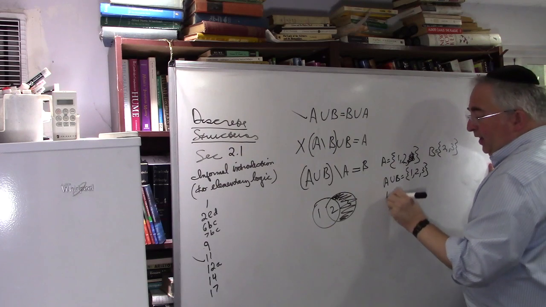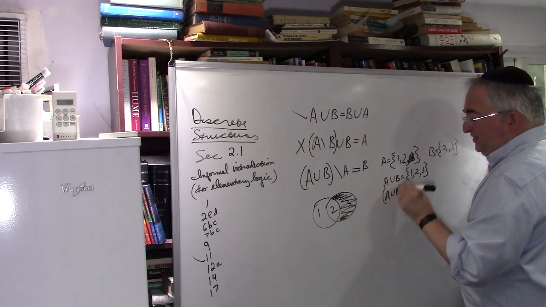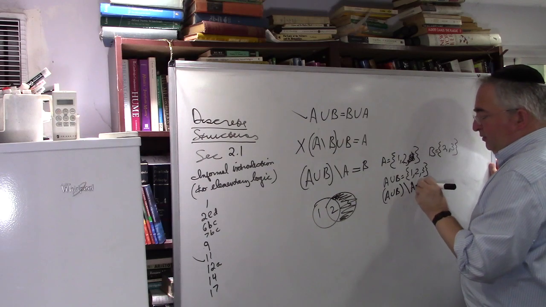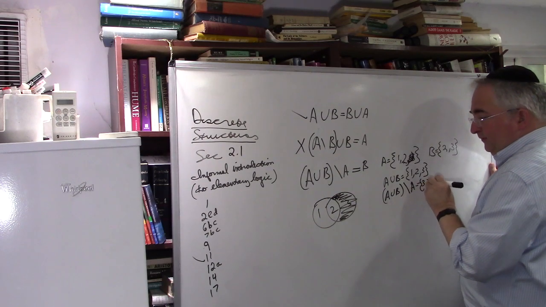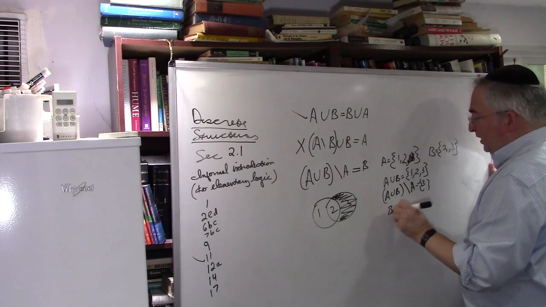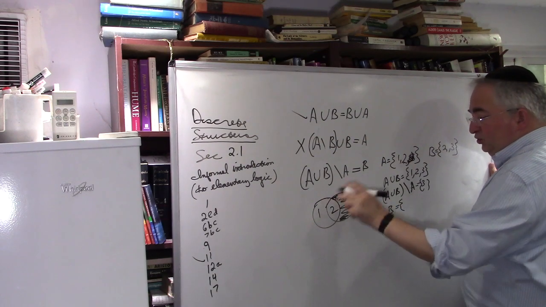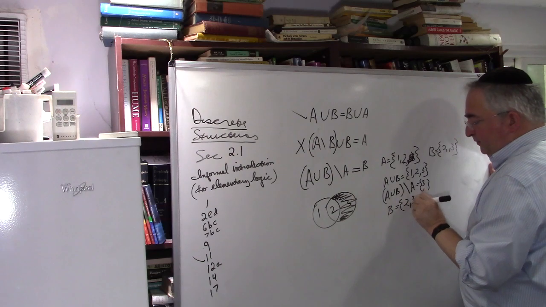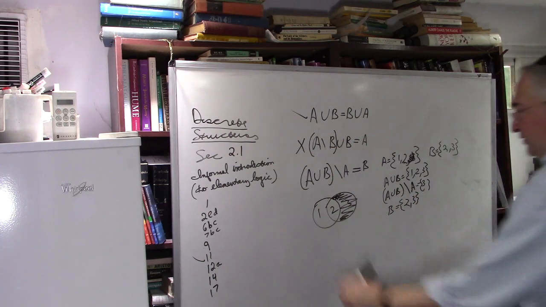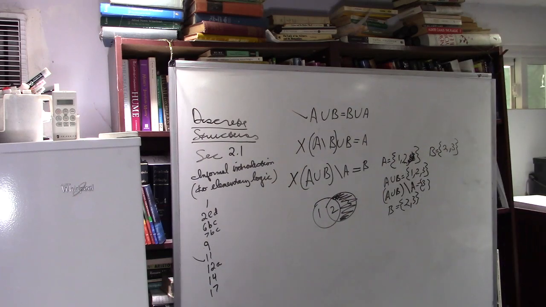A union B slash A, take away A, is equal to 3. Question: B is equal to 2 comma 3. This set is not equal to that set. So that's a nice counterexample. It's false. Great. Next.